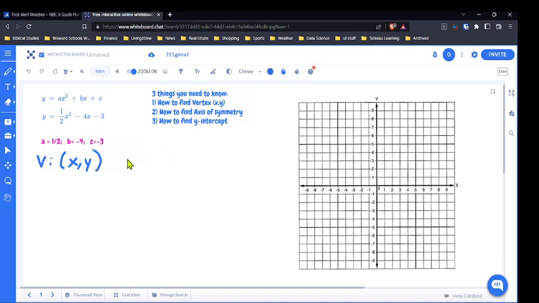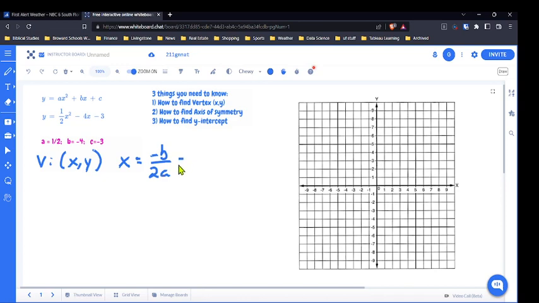There's a formula to find the x value of our vertex, and this is where the b's and a's come into place. It's minus b over 2 times a. That's the formula. You'd find the x by doing the math with minus b over 2a.